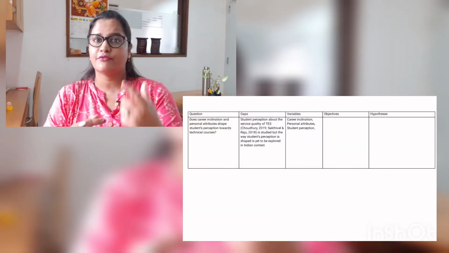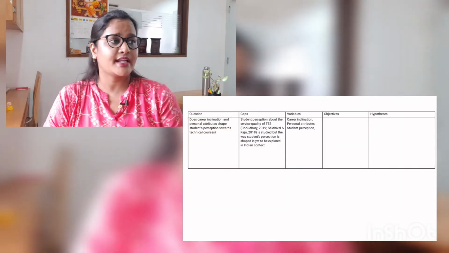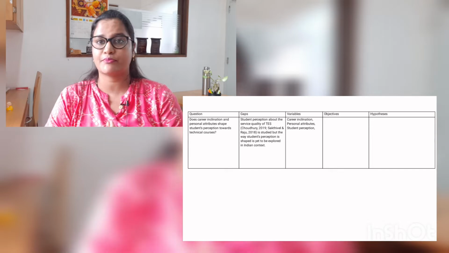Now once I was done with my research question and my research gap identification, I tried to identify the variables. The variables were career inclination, personal attributes and student perception. This was based on that gap itself.